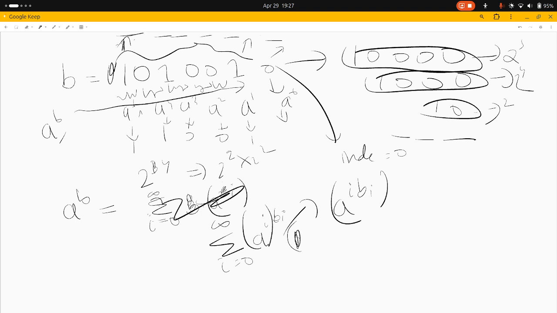For example, here is the zeroth bit, so here we are getting 0. Then our task is to see b of i. b of i is the ith bit, and the ith bit is 0. So here it will be a power 0, 0.